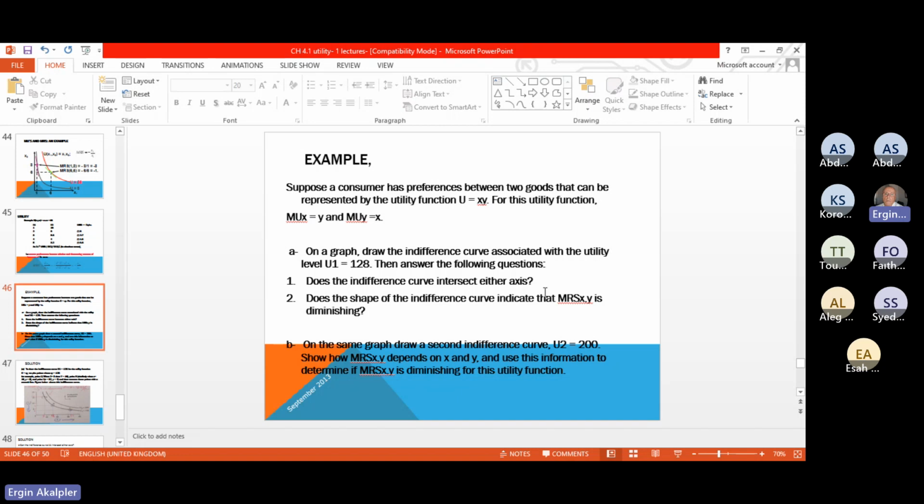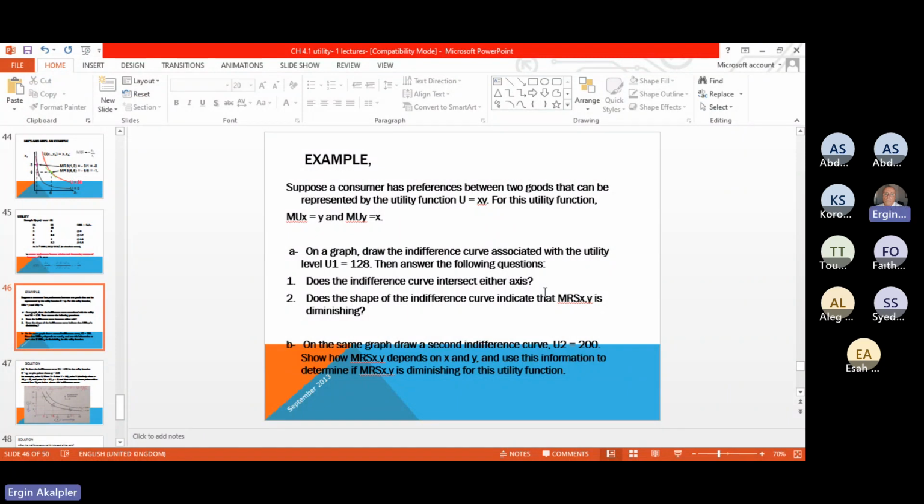Then on the same graph, draw a second indifference curve, where utility is 200. Show that the marginal rate of substitution of x for y depends on x and y, and use the information to determine if marginal rate of substitution of x for y is diminishing for this utility function.